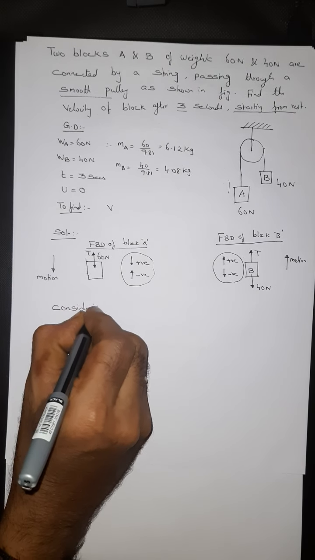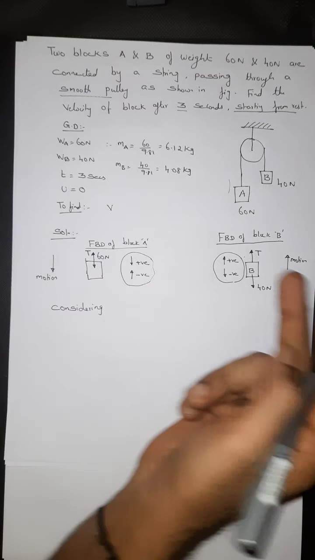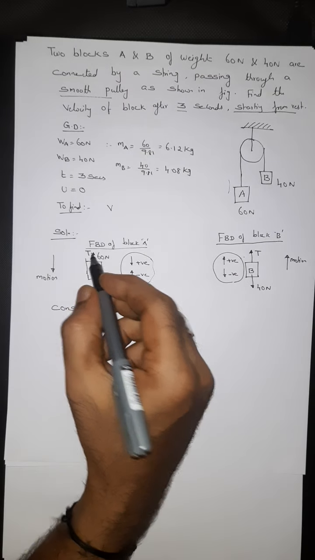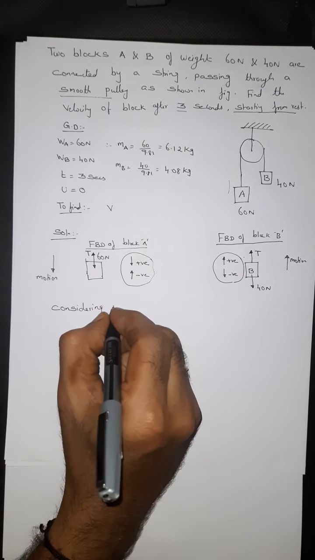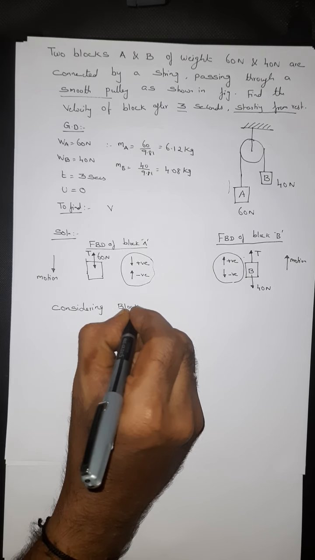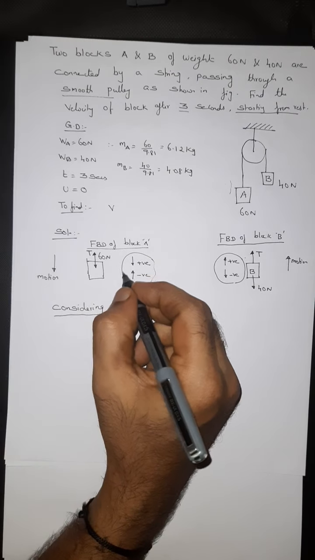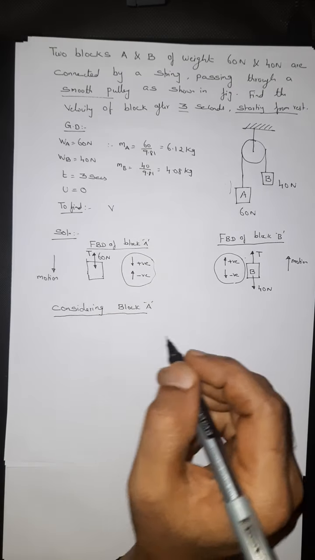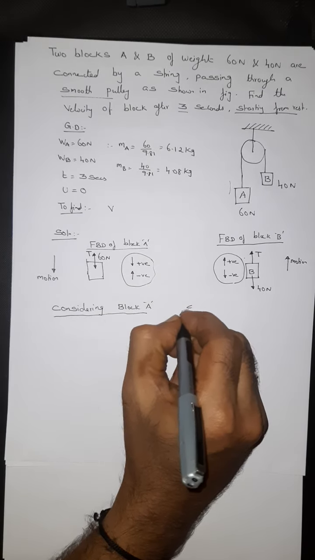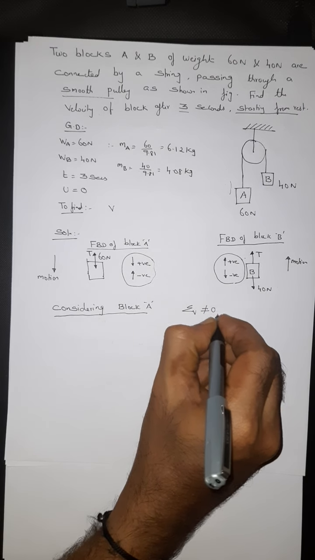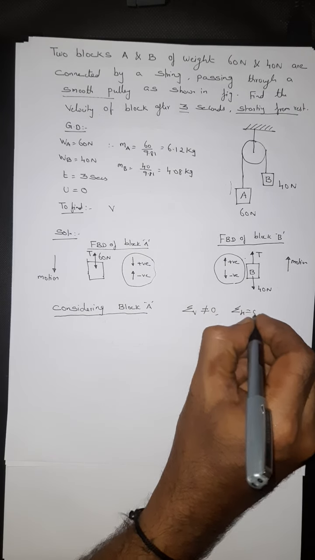I'm going to consider block A or B because in both the cases only one unknown. So therefore I consider block A first. Considering block A. As far as block A is concerned, only the vertical motion is there. Therefore, summation V is not equal to 0. Summation H is equal to 0.